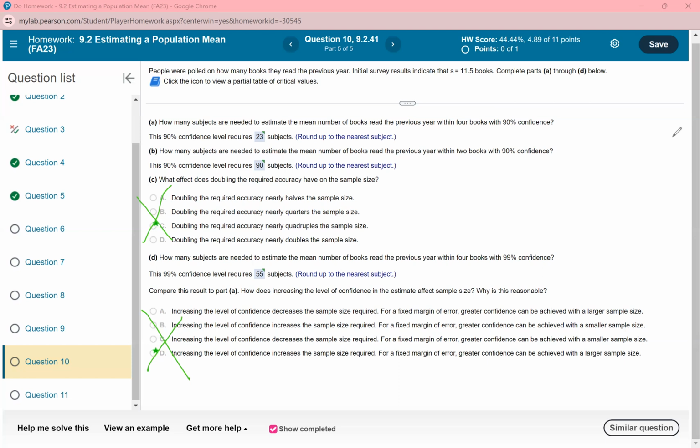So I don't know, we might have to do a paper test on this one for this chapter. Within 4 books, so that's going to be your E.